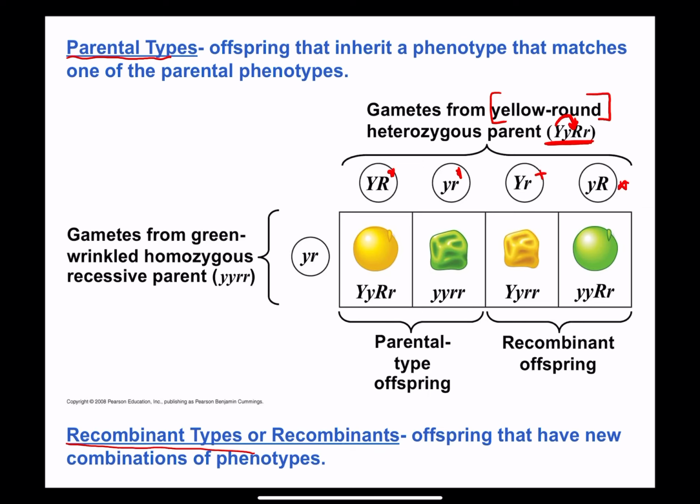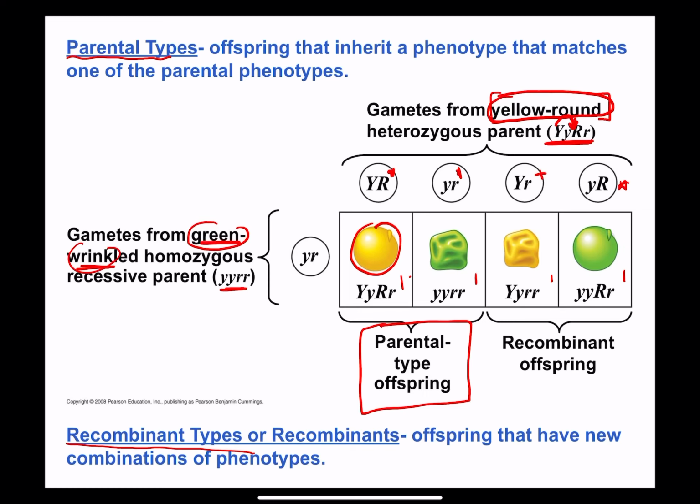And the other parent, green and wrinkled, would always give a little y, little r. So again, if we did this Punnett square, we should expect a 1 to 1 to 1 to 1 ratio, or 25% of each, okay? These being the parental offspring, meaning those were yellow and round, just like the mom, and these being green and wrinkled, just like the dad, okay?